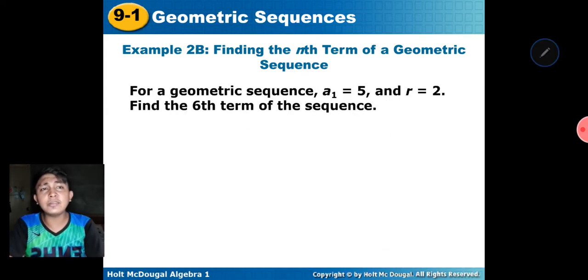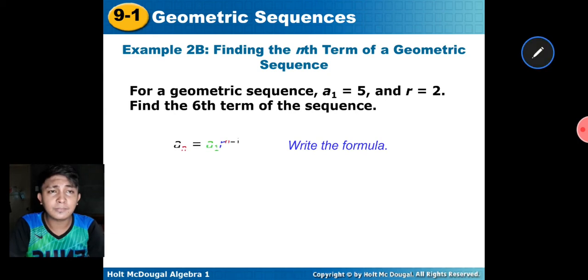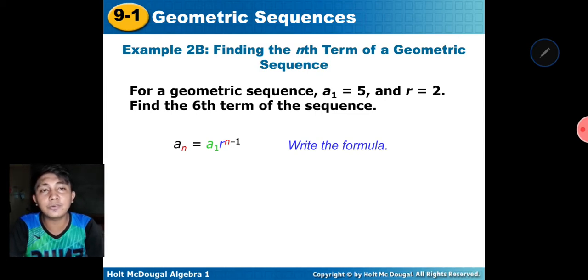So, for a geometric sequence, a sub 1 is equal to 5 and r is equal to 2. Find the sixth term of the sequence. So, again, write the formula first. So, mind you to always remember the formula. Madali lang naman yan eh.